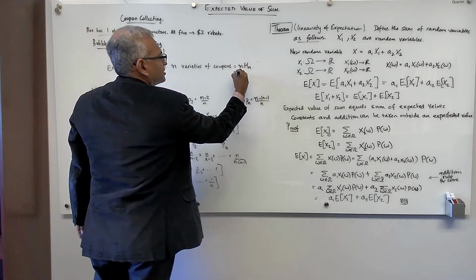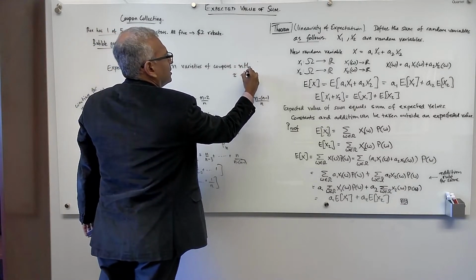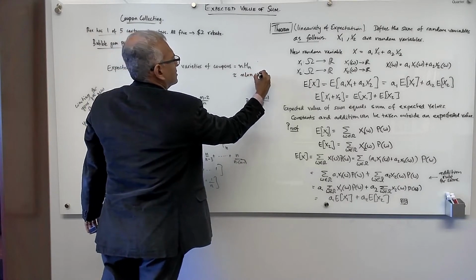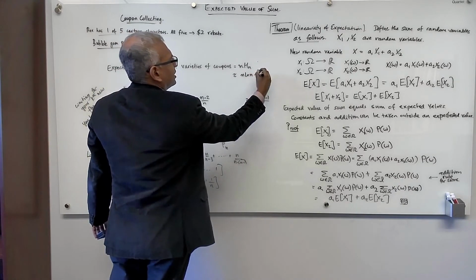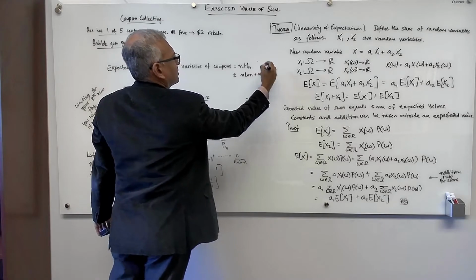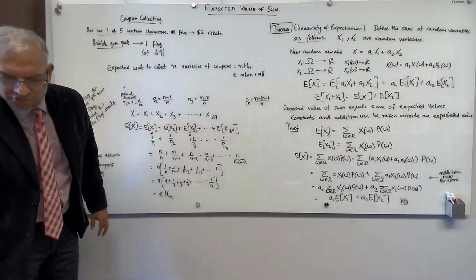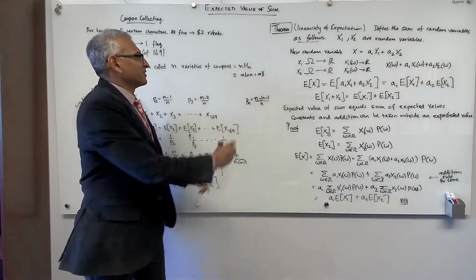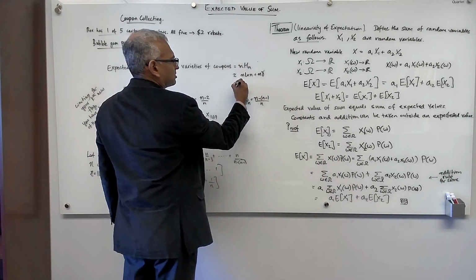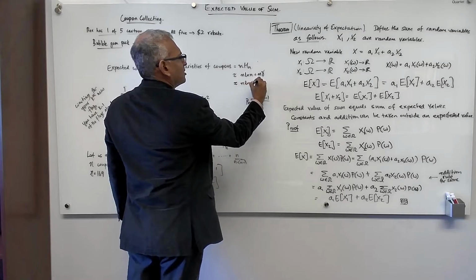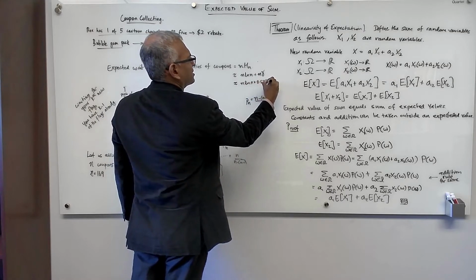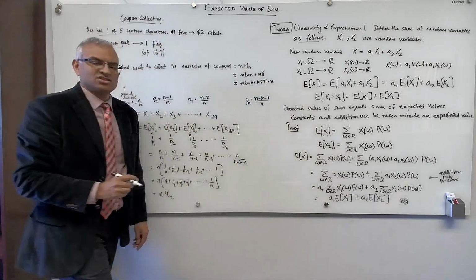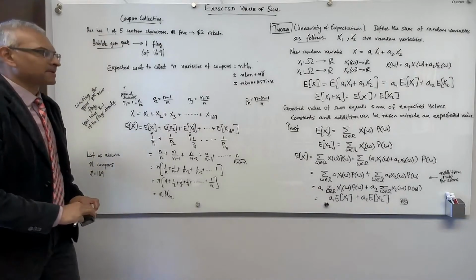The nth harmonic number is approximately equal to log n plus the Euler-Mascheroni constant, gamma, which is approximately 0.577. So n H of n is approximately n log n plus 0.577 times n. That's your expected wait.